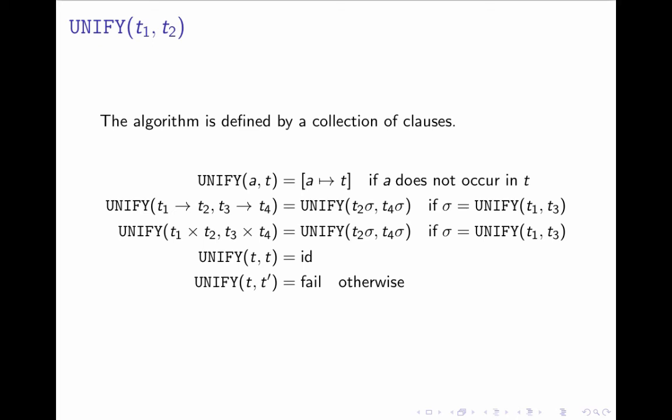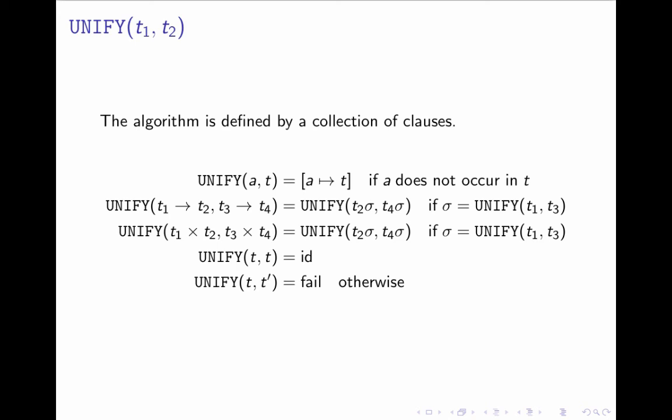If we want to unify a type variable A with t, then all we need to do is to set A to T, so we return the substitution A to T. This only makes sense if A does not occur in T. We need to check that A does not occur in T. This occurrence check is important because if A occurred in T, we would never finish substituting A by any substitution. So this occurrence check is needed.